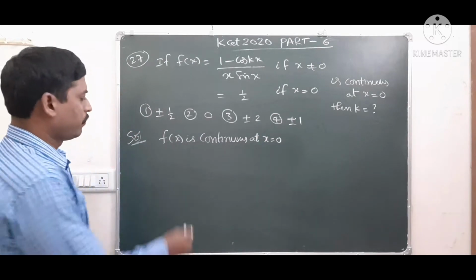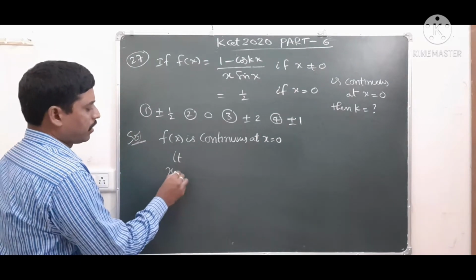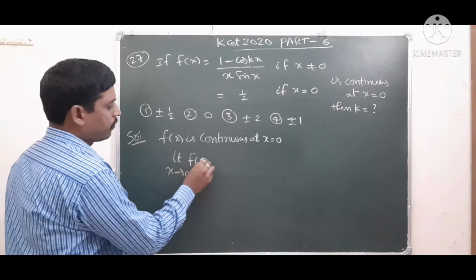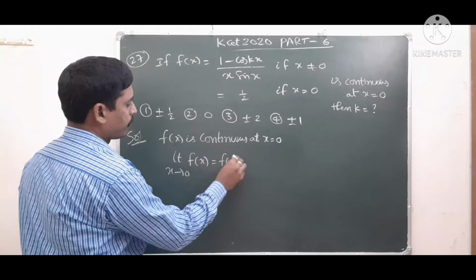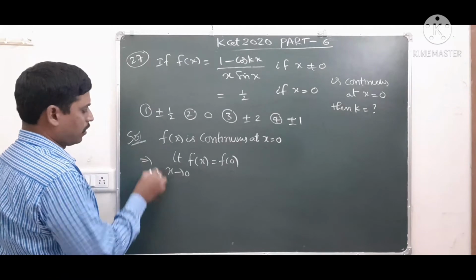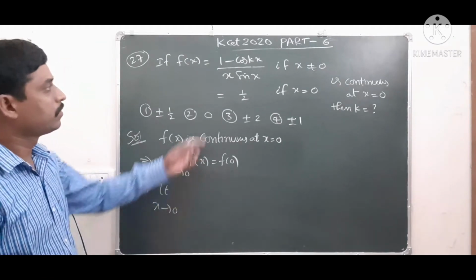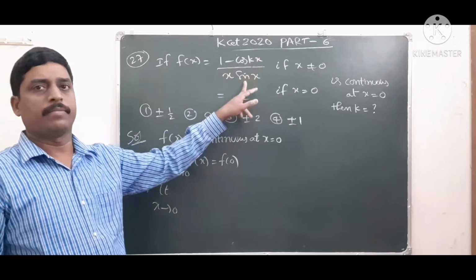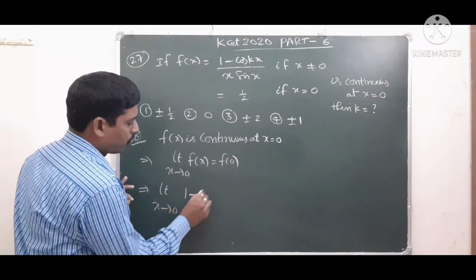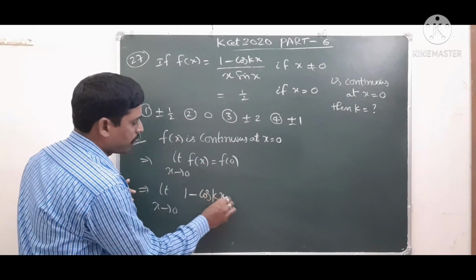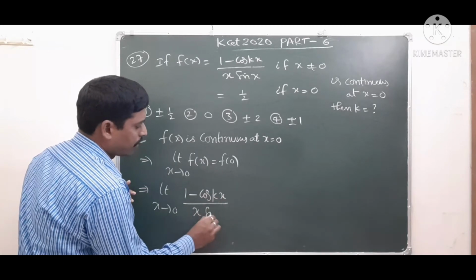According to the definition of continuity, limit x tends to 0 of f of x is equal to f of 0. Limit x tends to 0, f of x is 1 minus cos kx by x sin x.